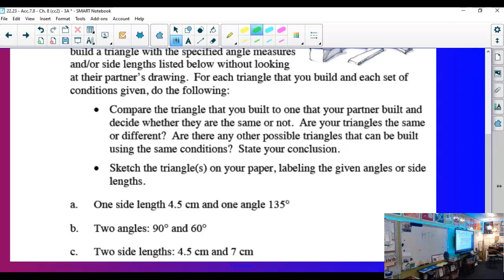Anyone notice what 135 actually is if you kind of break it up? It's like 3 times 45. You could either say it's three 45s or it's a 90 and a 45.